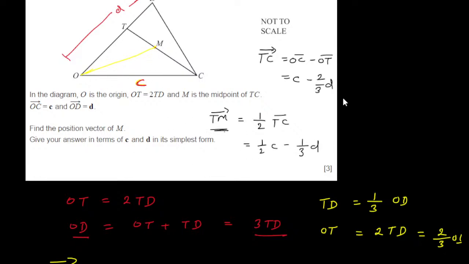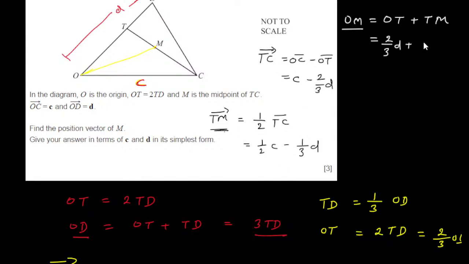Now if I work out OM, your OM will be equal to OT plus TM. Now OT you have worked out, it is 2 divided by 3 times D, plus TM.